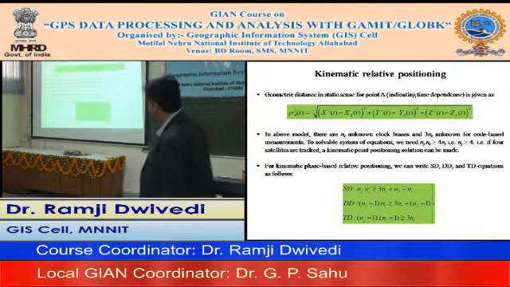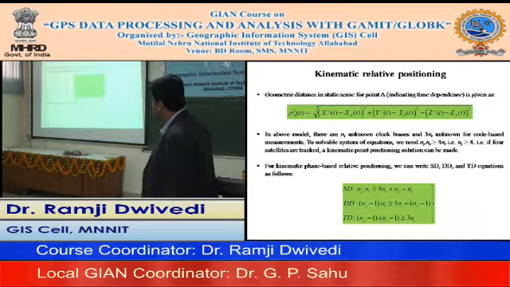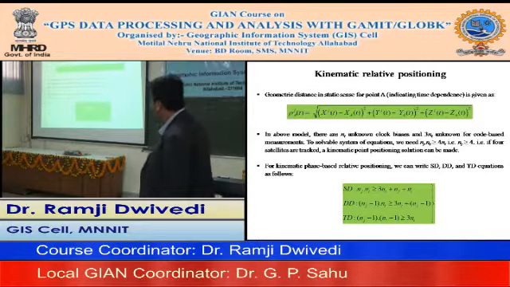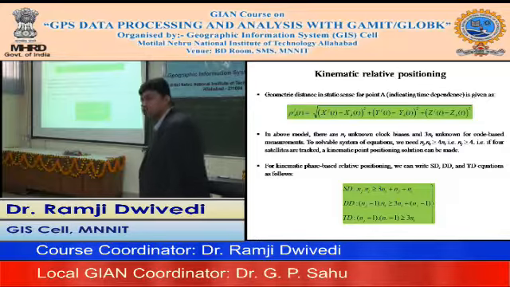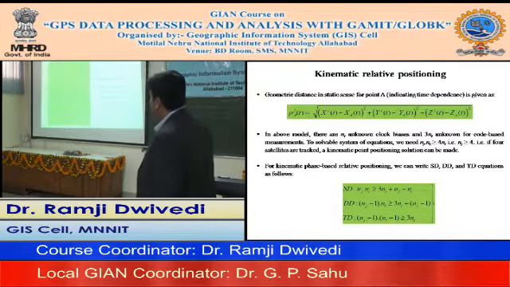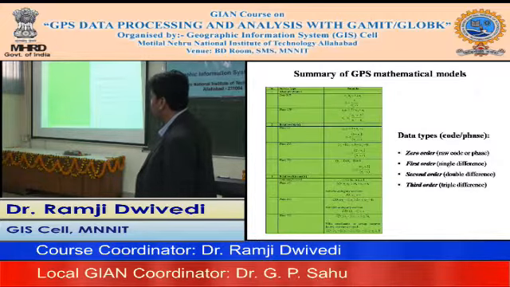Previously this was not there, because we were taking only 3 unknowns in static mode. Now we are in kinematic mode, so apart from the others, this term is also related to the epoch. For every epoch you have a position. So this is the summary for code, for relative kinematic. You can go through the summary.